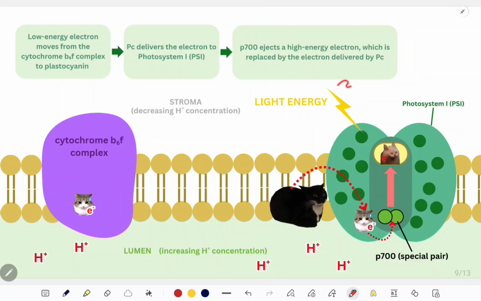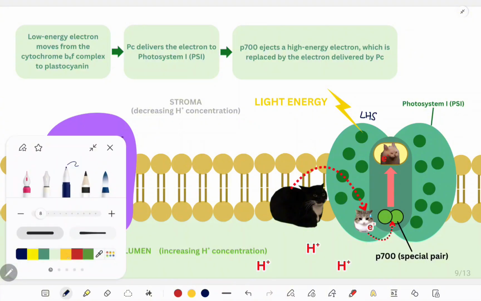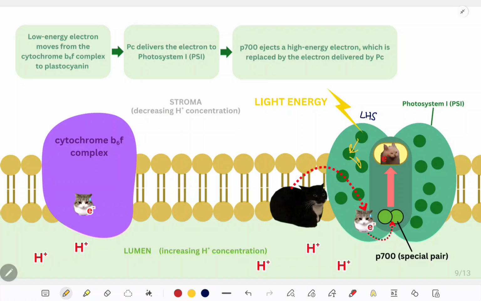Since, as the name states, the light-dependent reaction needs light, it has to occur in the day. There's abundant light energy, and just like how it works in photosystem 2, it hits the light harvesting complexes, and these light harvesting complexes funnel the energy to the special pair.